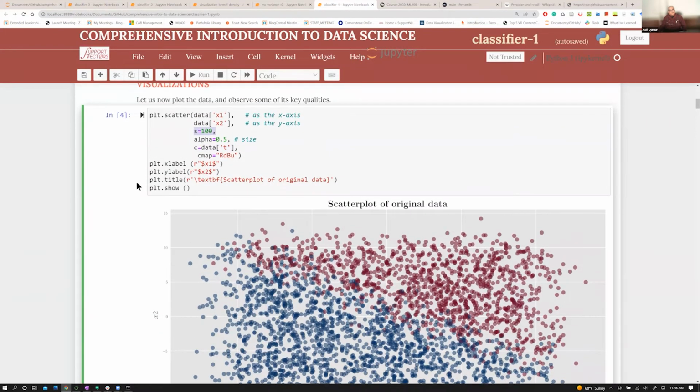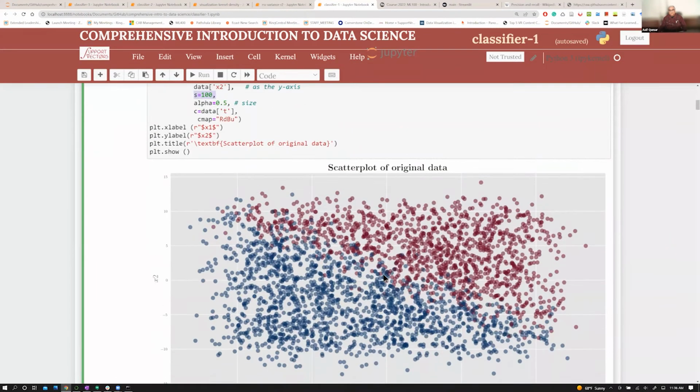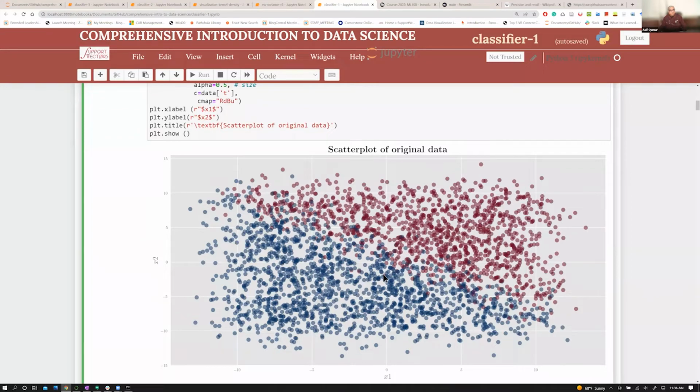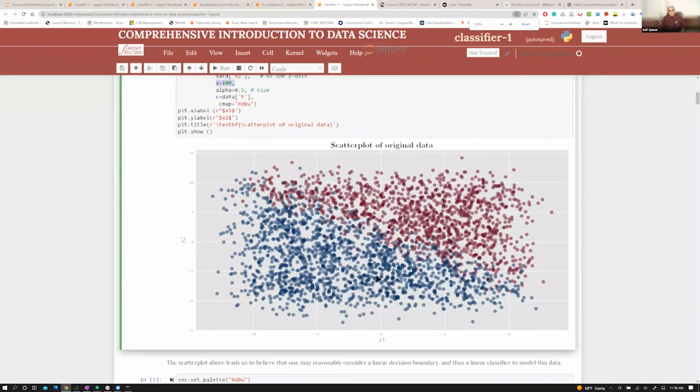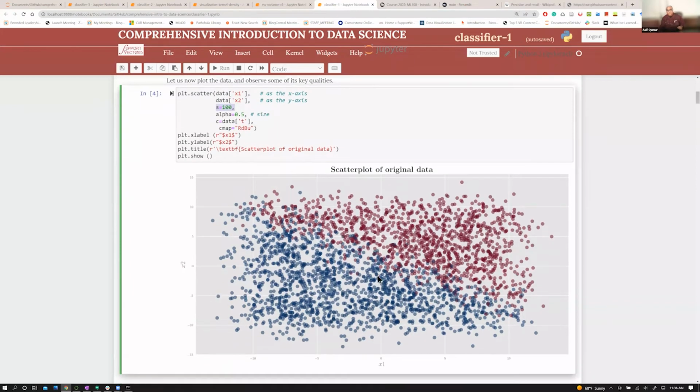What happens is if you just make a vanilla scatter plot without prettifying it, it doesn't look so beautiful. One of the things that I've been emphasizing is, if you want to create publication quality work, you should always spend some time on the aesthetics of your graphs, of your visualizations. It matters a lot. So here we go.